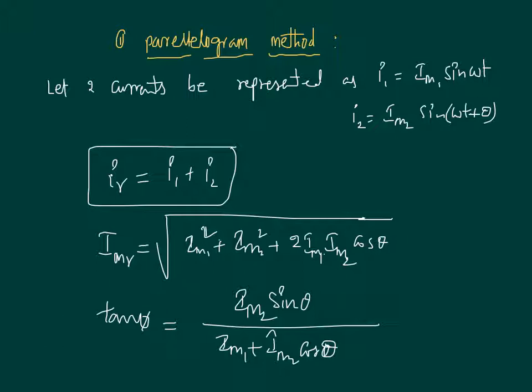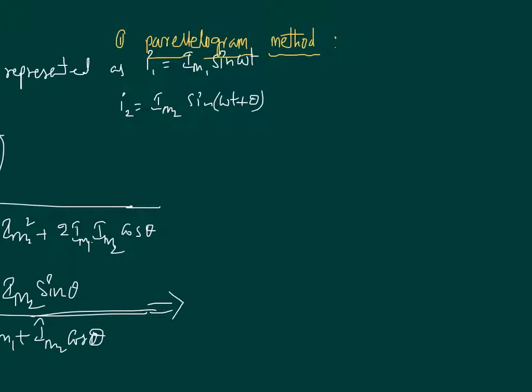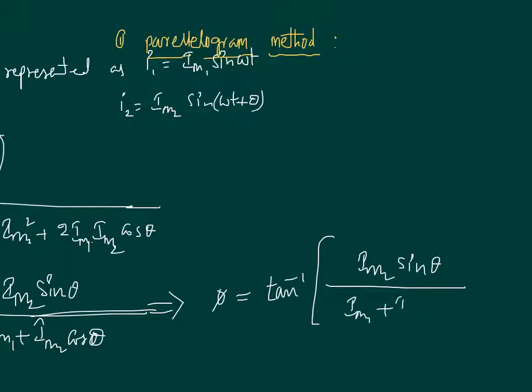That leads to phi equal to tan inverse of Im2 sin theta by Im1 plus Im2 cos theta.